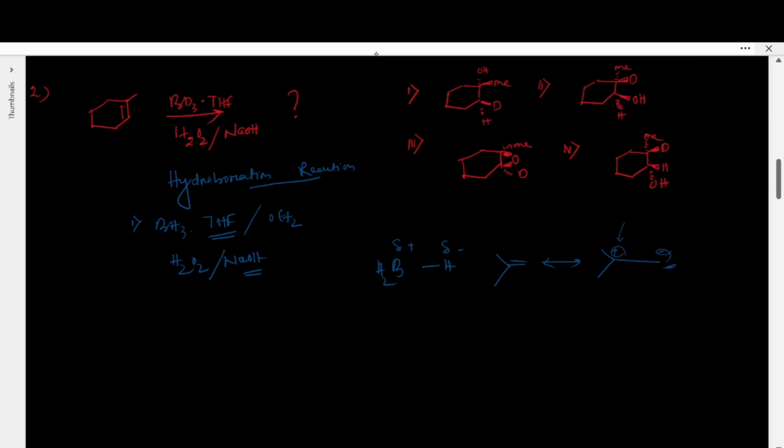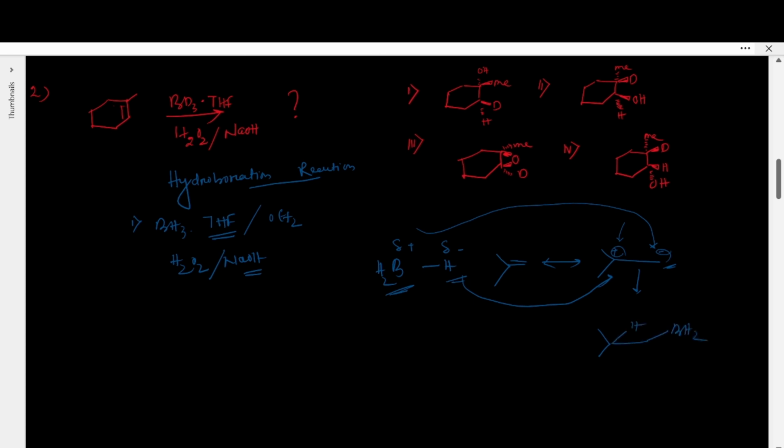So if we add BH3 to it, then the positive part will add to the negative part and the negative part will add to the positive part. Then what will form? It forms hydrogen here and BH2 here.